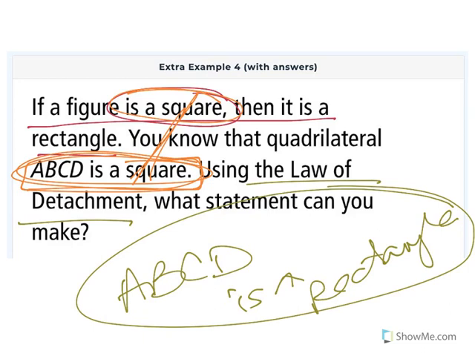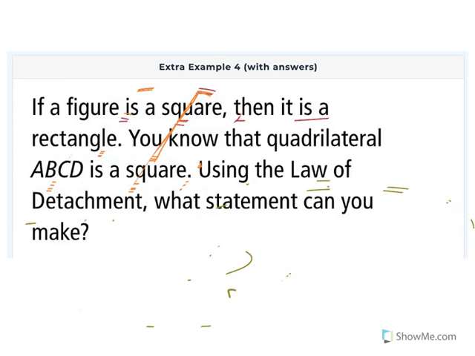Now, what I don't have an example of is, maybe hit pause and make sure you write this down because I'm going to erase this stuff: what if, in this process, it had said that instead, maybe, it was a rectangle?